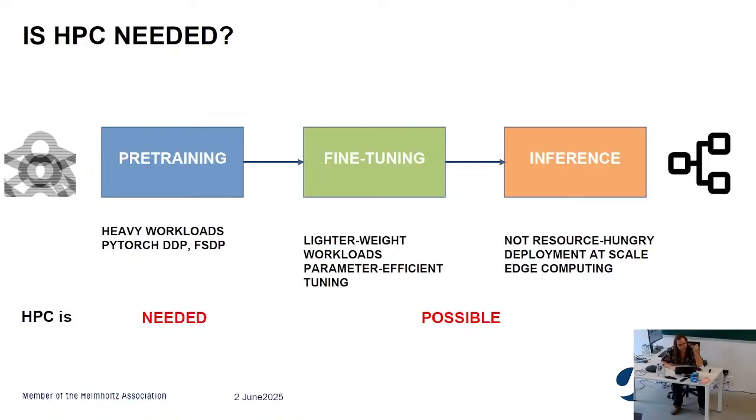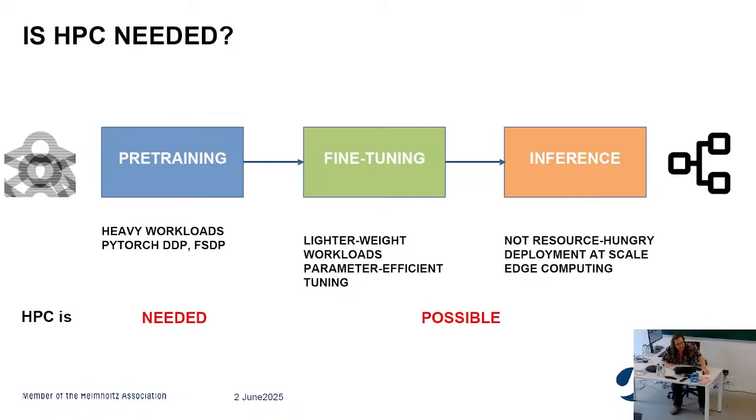But that is where we really need resources, where we need to spend computing time. We need to go through a lot of iterations on a very large data volume. This is done with tools that are available and relatively easy to use, like PyTorch DDP, but others, of course, exist.